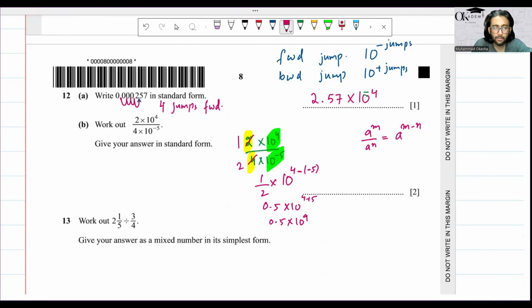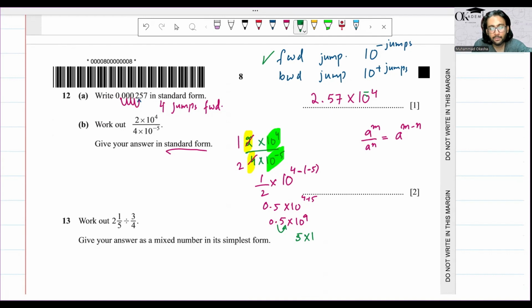Now, it feels like we're done here, but we're not. Why? Because I want my answer in standard form, right? And in standard form, the decimal point should be after the first non-zero number. So I'll take a forward jump. And again, if you do a forward jump, for 10 to the power you subtract the number of jumps.